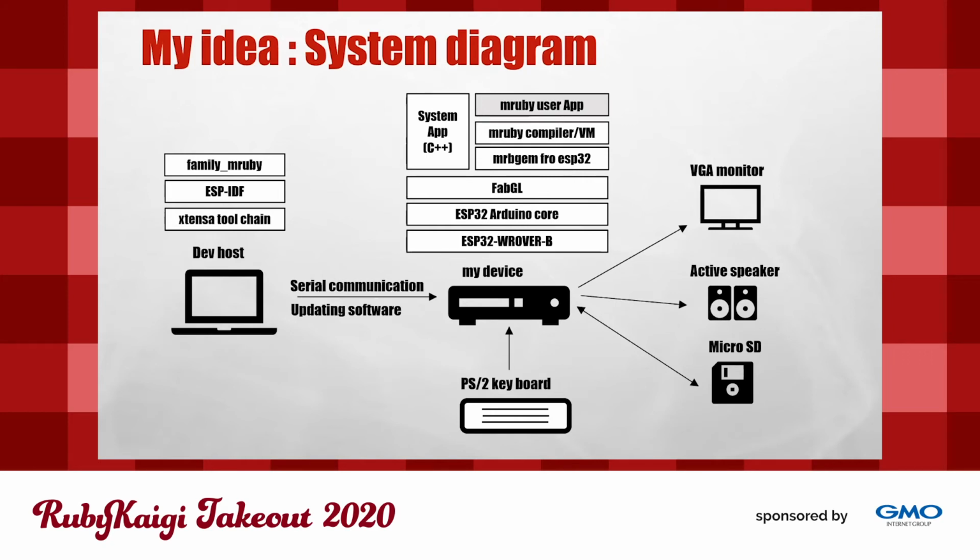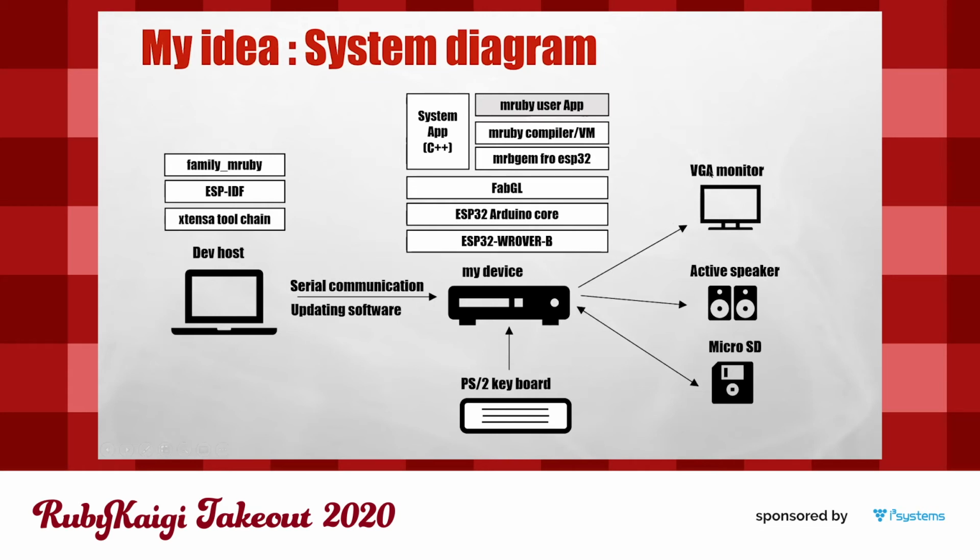Based on this situation, I made the system diagram. As you can see, this is my device based on the ESP32. ESP32 provides Arduino core. I put the FabGL, which is provided by another open source.